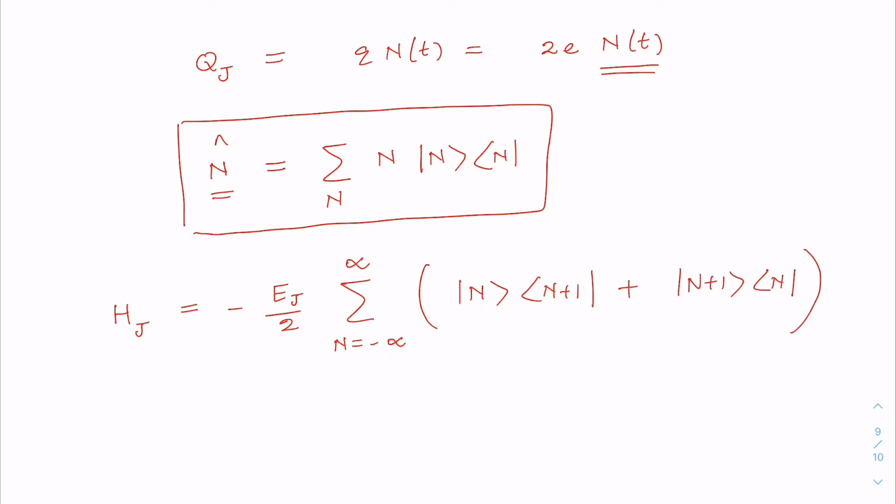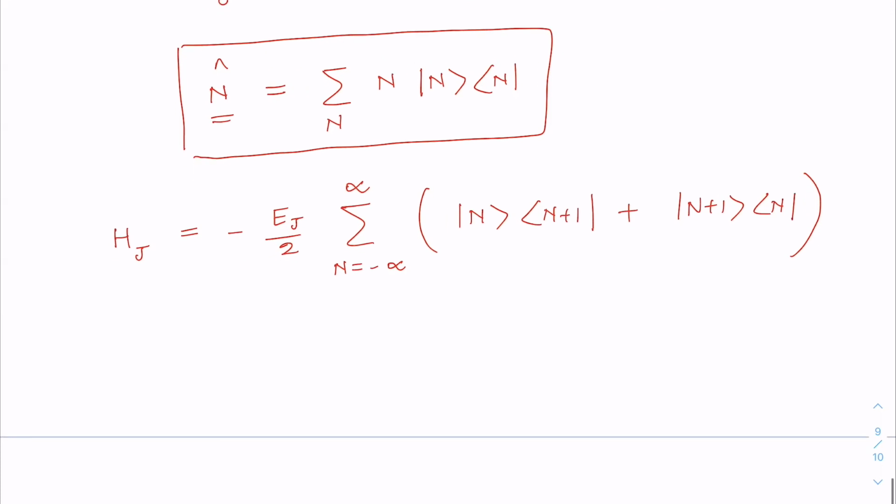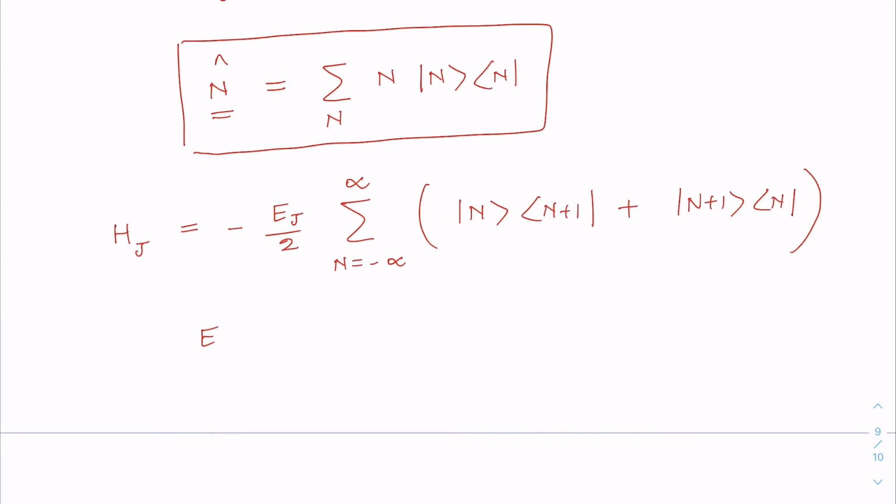I think this should already remind you of what we discussed about the tunneling part of the Hamiltonian in the context of the Cooper pair box. Here Ej is the Josephson energy, and it is basically given by the flux quantum times the critical current, divided by 2 pi.